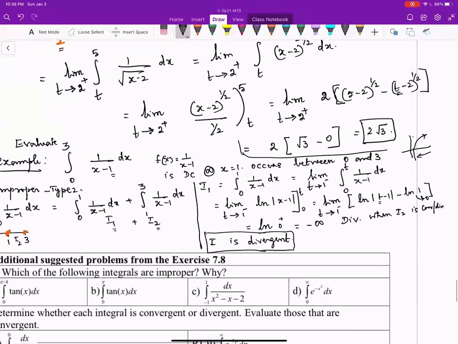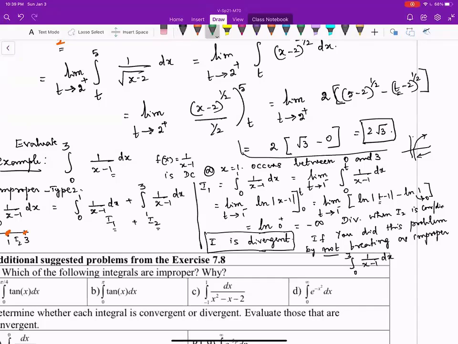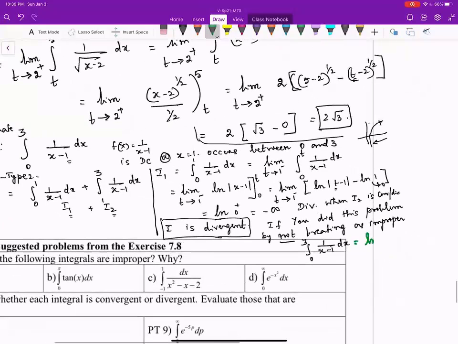But if you had done this problem by the regular method, by not treating it as improper, then you would have written 0 to 3, 1 over x minus 1 dx equal to ln of absolute x minus 1 between the limits 0 and 3.